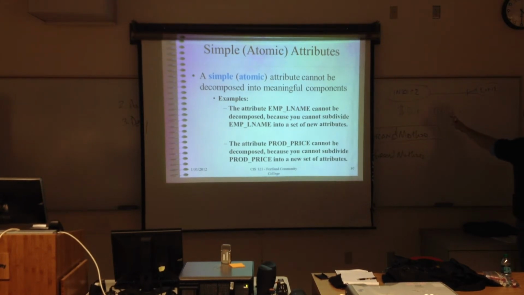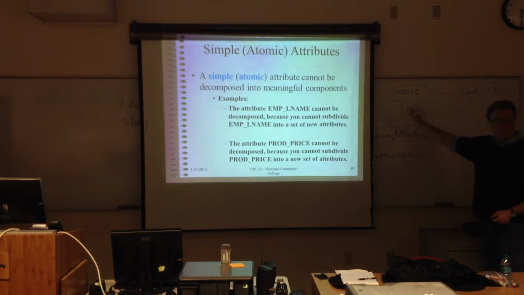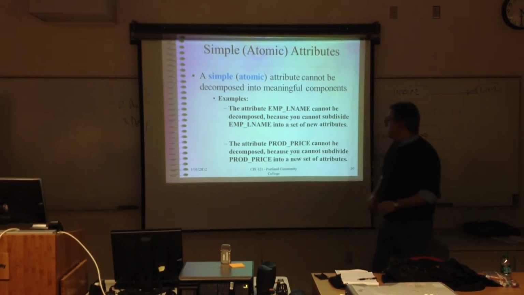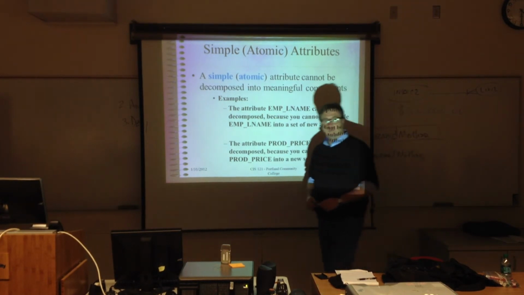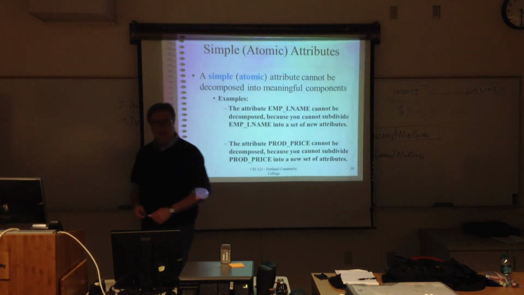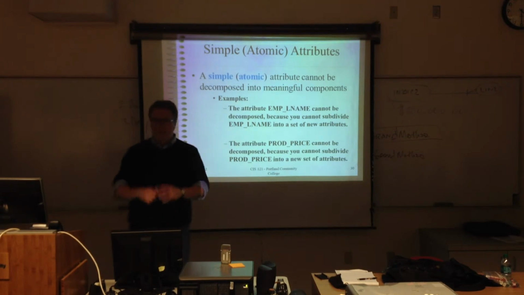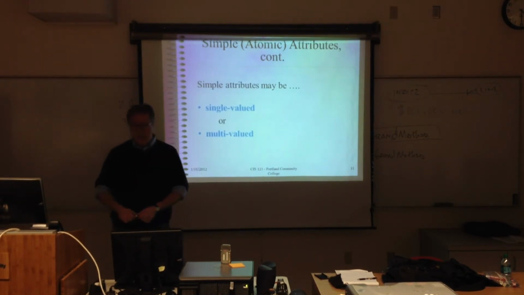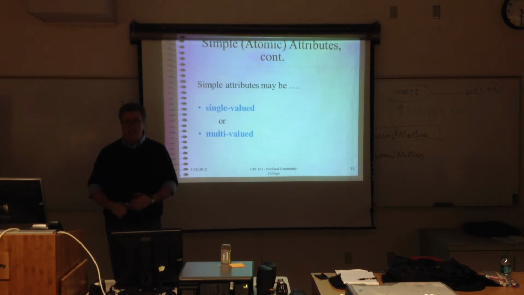It's a floating point number. When I display it, I'll get fancy. In the database, I'm just going to store the price as one thing. You can't break a number down into anything simpler. Now, having said that, I can either have one value in that attribute or I can have several.